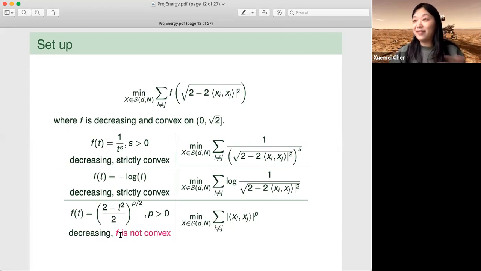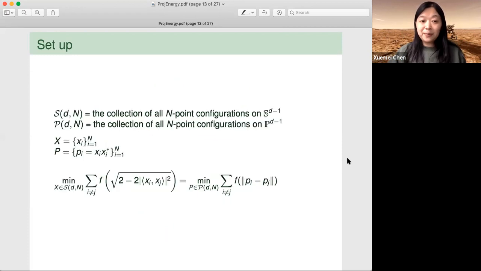However, it's very easy to prove that unfortunately the third row is not convex, so there's something to be said more about that. The first two are really nice functions, nicer than just decreasing and convex. They're absolutely monotone, so you can say they're really nice functions. Of course, they're decreasing and strictly convex. That's just the general setup, and this is a reminder of that notation.